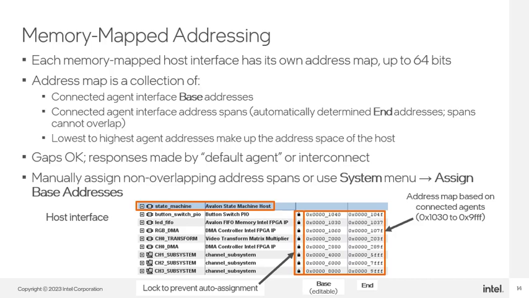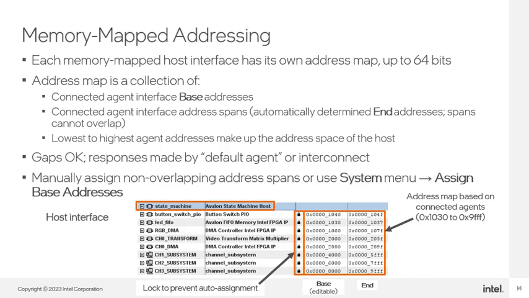The end address column cannot be edited, since the address span of a component is based on the design of the component itself. In the example shown here, 5 components and the exported interfaces of 3 subsystems are connected to the host interface named State Machine.